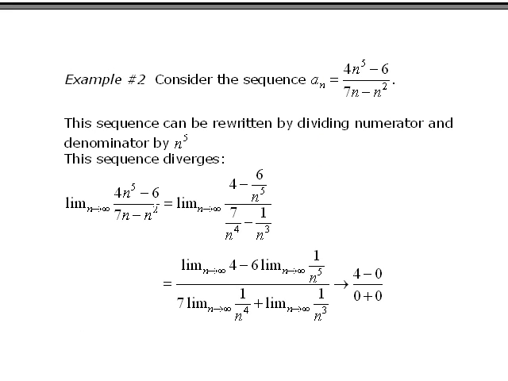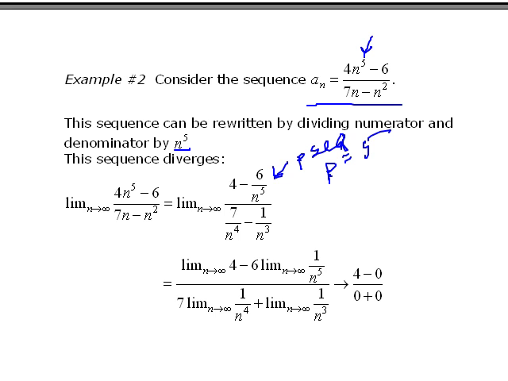Here's another example. Let's look at this sequence where the terms a_n are 4n to the 5th power minus 6 over 7n minus n squared. To use results from the p sequence, we're going to divide numerator and denominator by n to the 5th. Divide by the highest power. That's the rule or trick here. The result is 4 minus 6 over n to the 5th. What do we have here? A p sequence with p equal to 5.